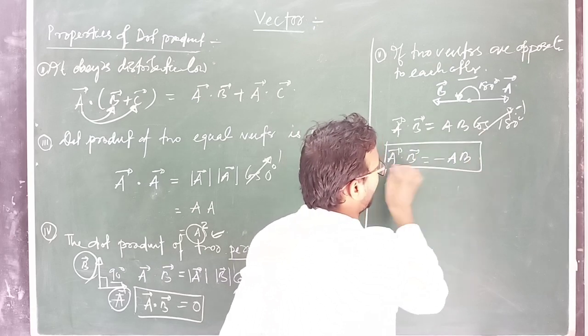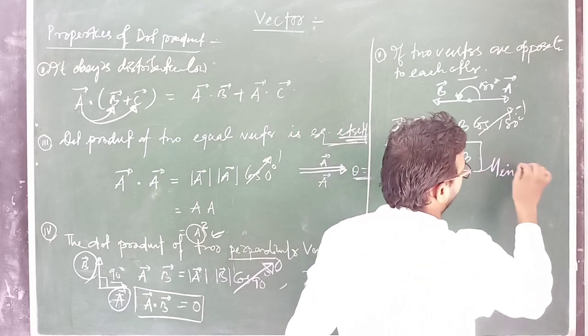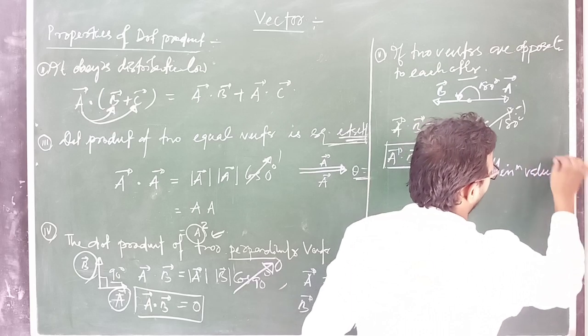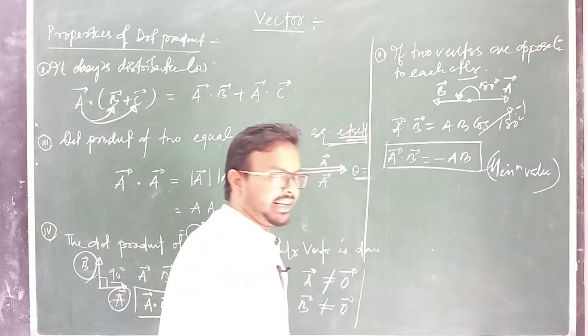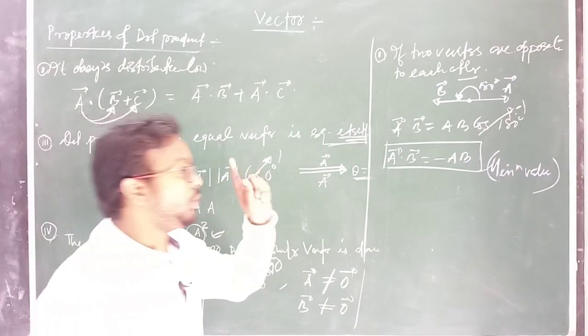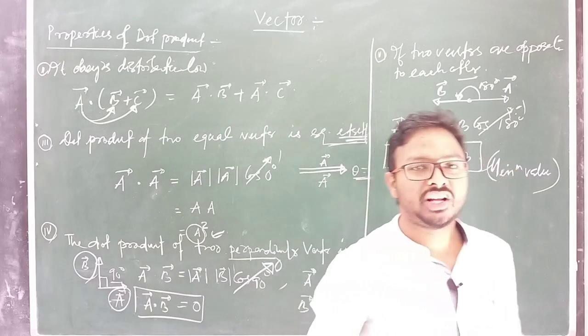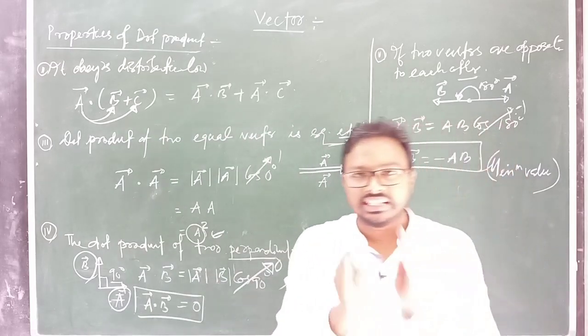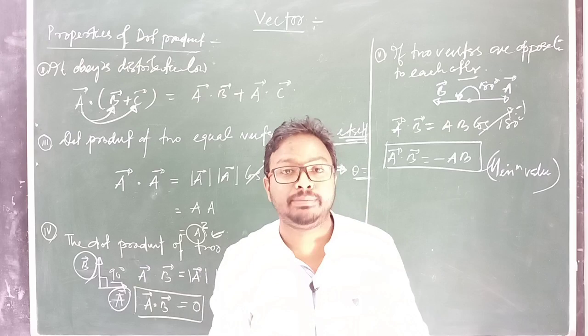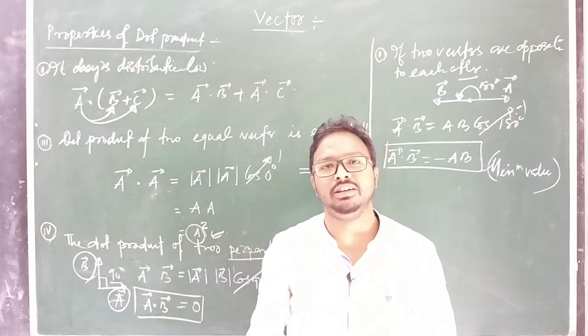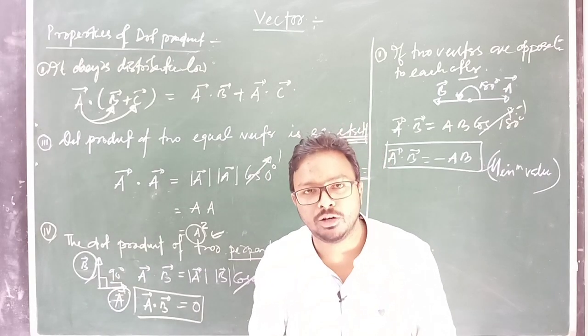So this is the minimum value we get in the dot product. When the angle between two vectors is 180 degrees, we get the minimum value. What is the condition for the maximum value?